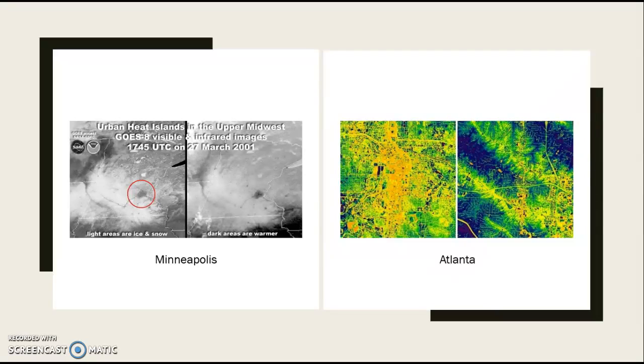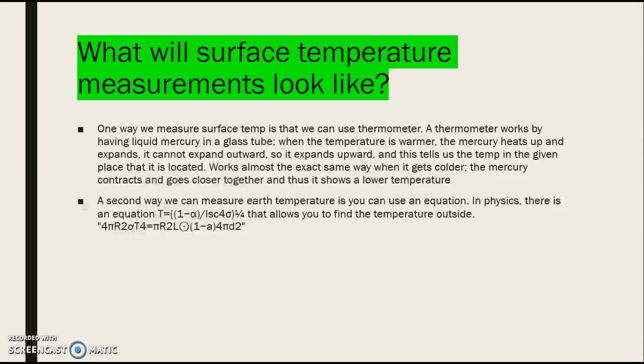On the right we have an image of Atlanta displayed in what appears to be infrared. The lighter colors like yellow and green indicate hotter temperatures. So you can see that the areas that have more buildings and more traffic are significantly hotter than the areas that don't have the traffic or buildings.